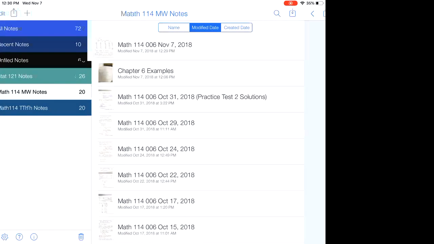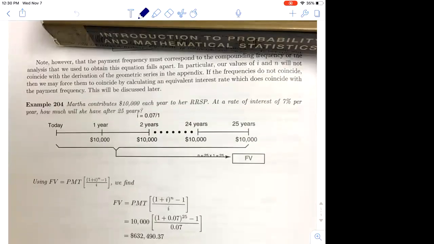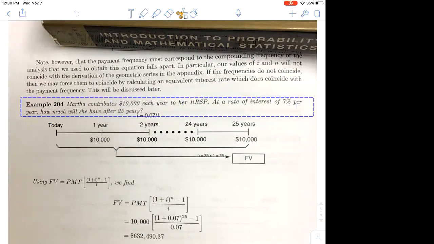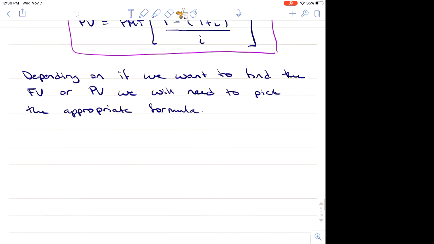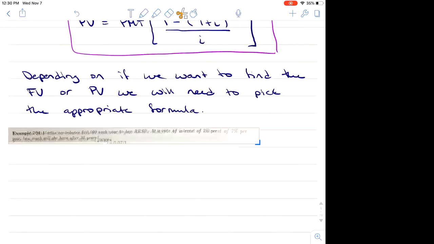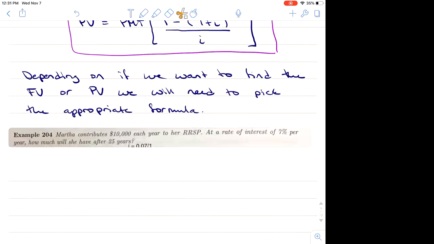So let's have a look at example 204. Martha contributes $10,000 each year to her RRSP. That's another likely scenario, right, where we're contributing money, equal payment amounts.